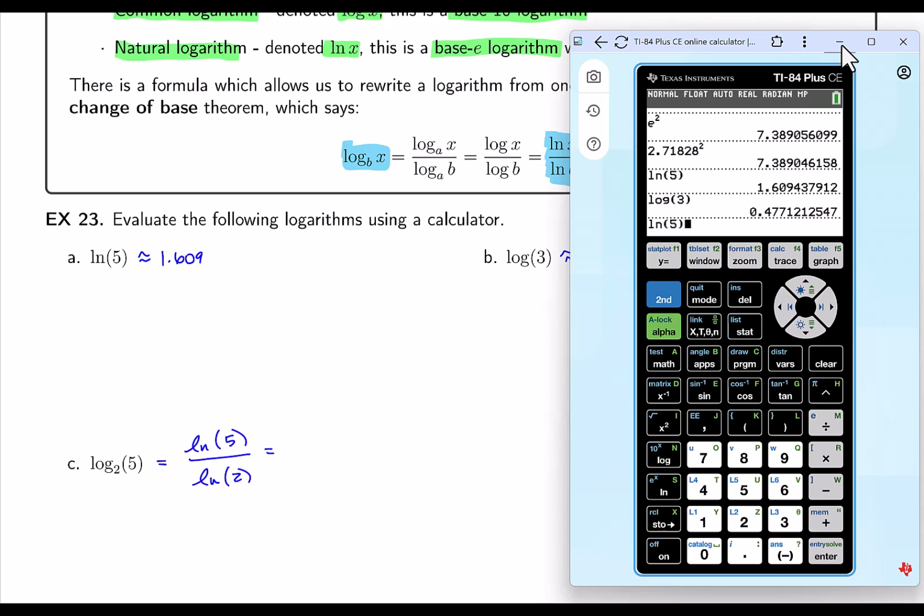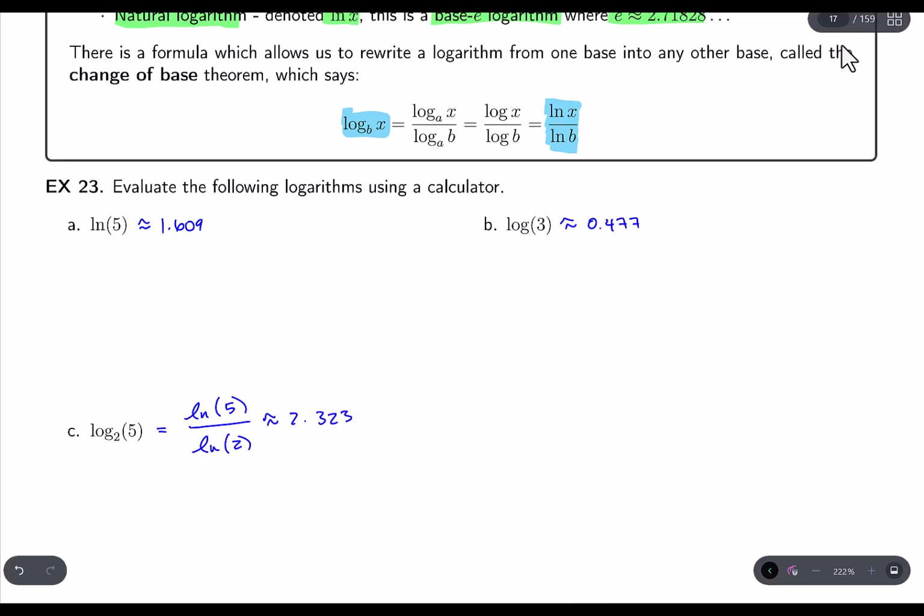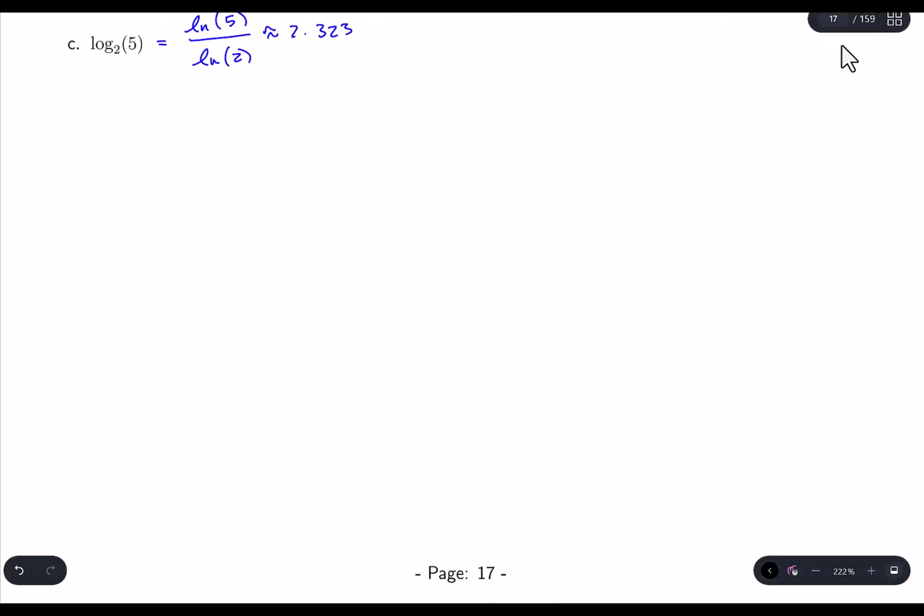So natural log of 5 divided by natural log of 2. Just make sure you close those parentheses, otherwise you're putting the denominator inside the first logarithm and it gives you the wrong answer. All right, so that's approximately 2.323. And that's how you use your calculator with logarithms.